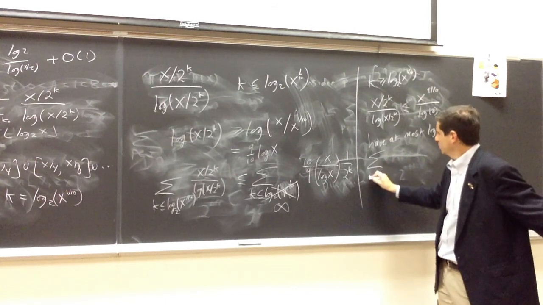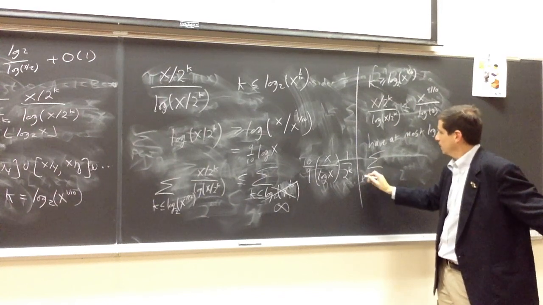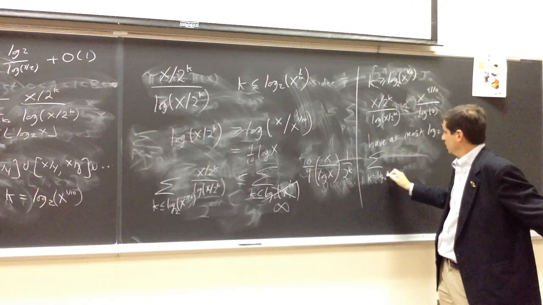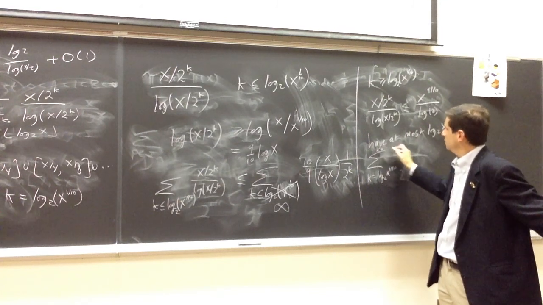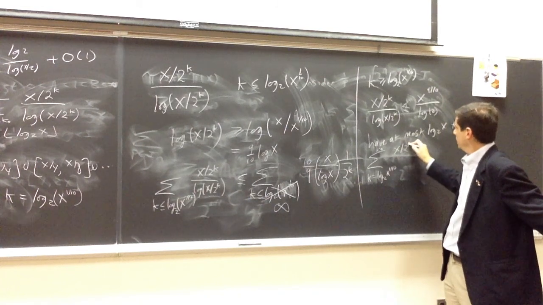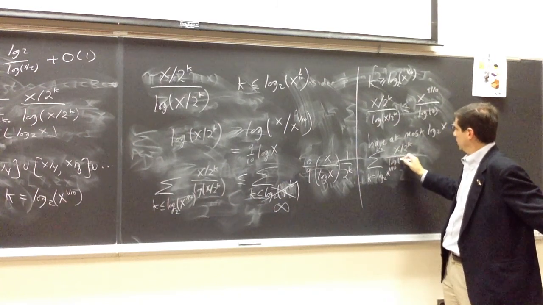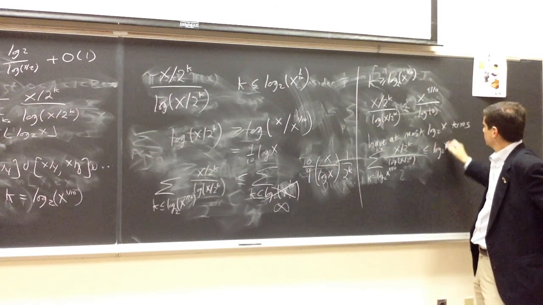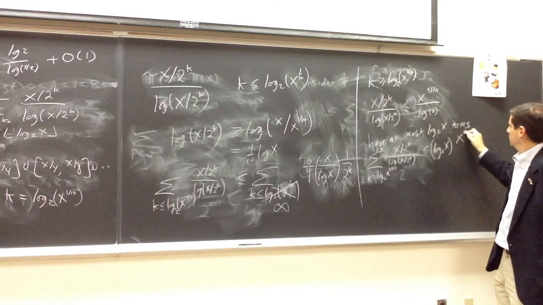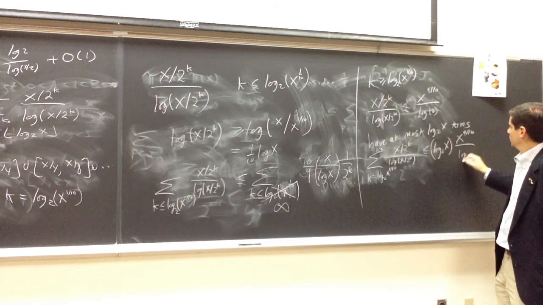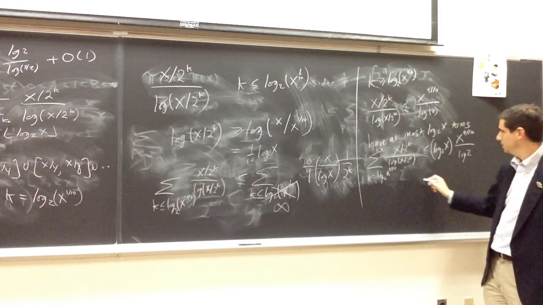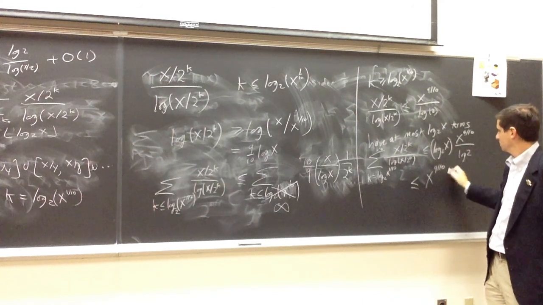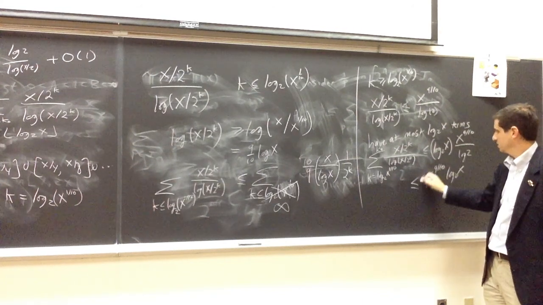So the sum over k, where k goes from the log base 2 of x to the 1/10 to k naught of x, of x over 2 to the k over the log of x over 2 to the k, is going to be less than or equal to the log base 2 of x times x to the 9/10 over the log of 2. And that'll be less than or equal to x to the 9/10 log base 2 of x with some constant.